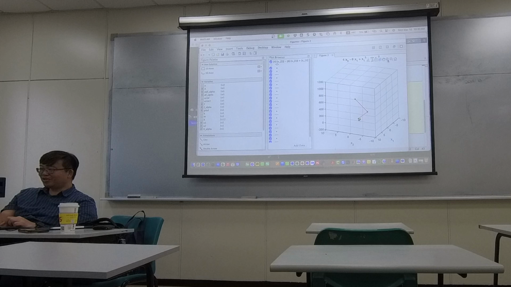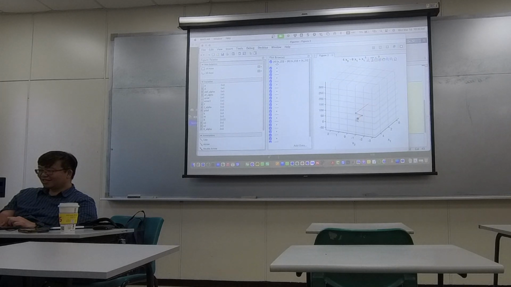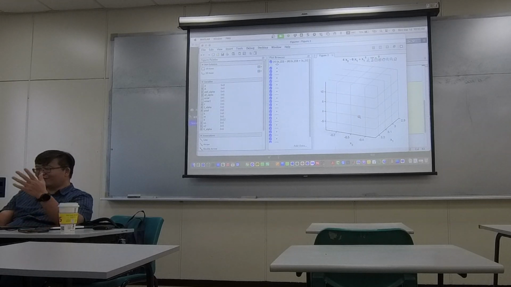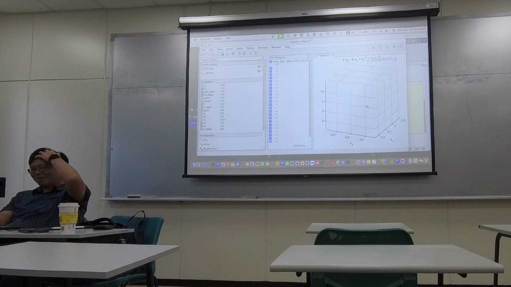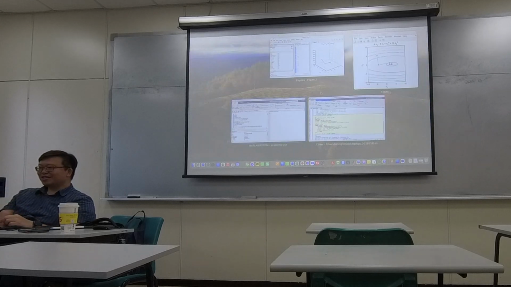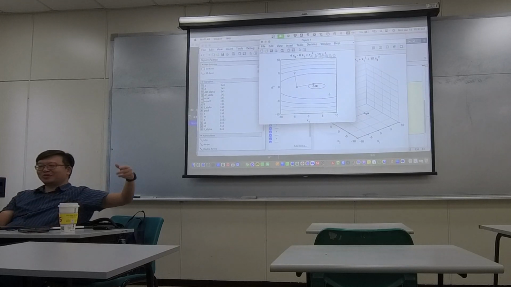Can we zoom in? Keep on zooming in. In 3D, it's hard to zoom in. Now I zoomed in on the wrong place. So anyway, from 2D it's easy to see.